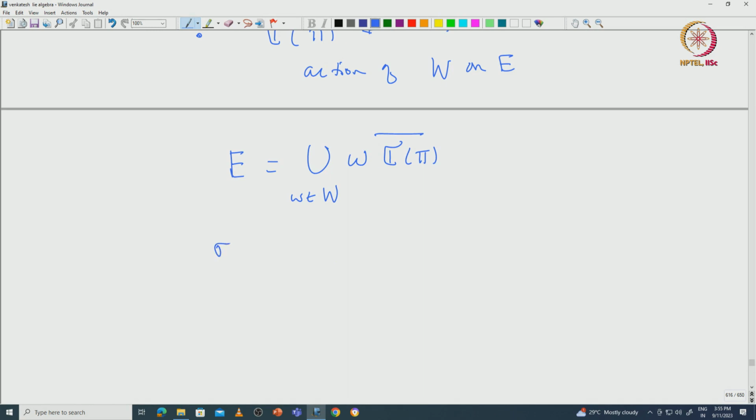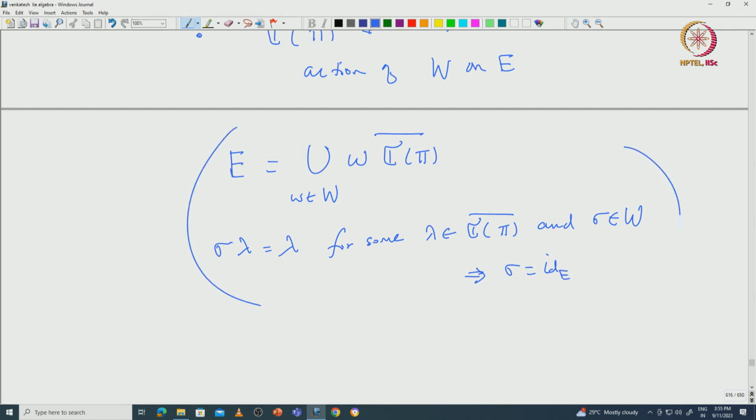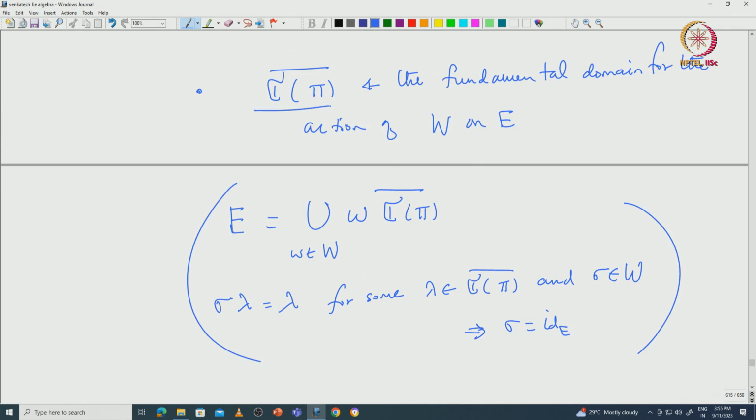In a way, if sigma lambda equals lambda for some lambda in this C of pi bar and sigma in W, then that should give us sigma to be identity on E. Okay, so this is the meaning of the fundamental domain for the action of W on E. Okay, let's do these things slowly. So, these are all our goals now.